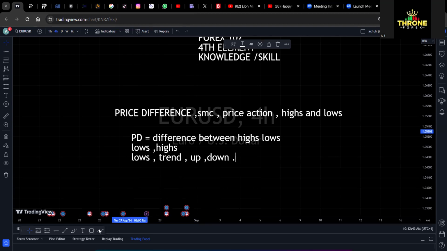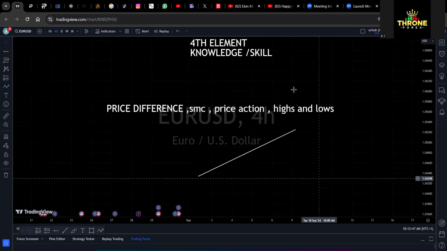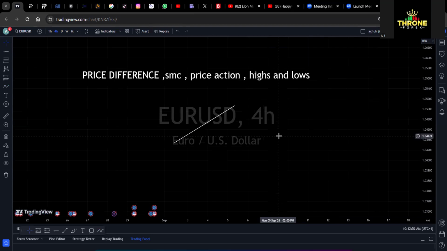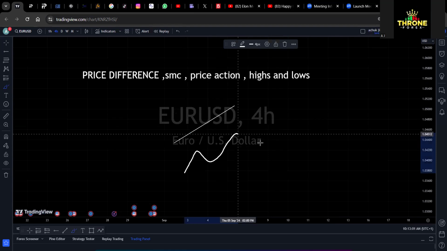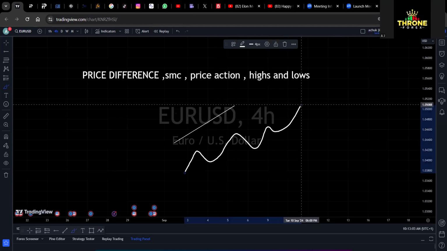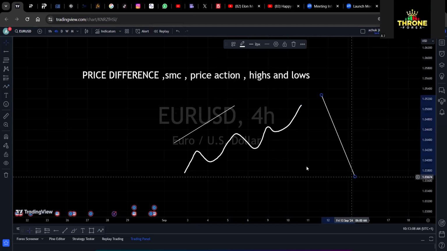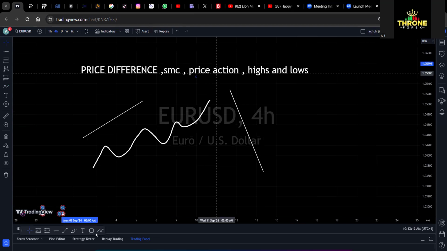By linear, I mean the market doesn't move like this. The market moves in almost what we would call waves. So instead of the market going up in a linear form, it would go like that, in almost a wave form. And in the case of the market coming down, it instead comes down in form of waves, like that.